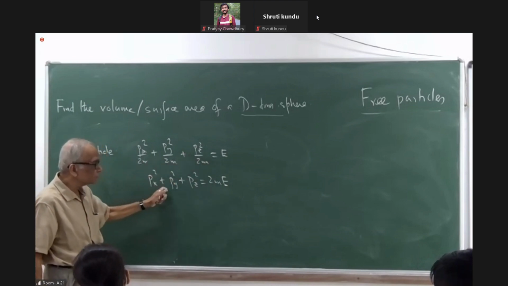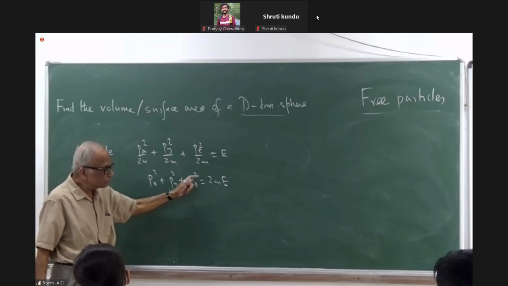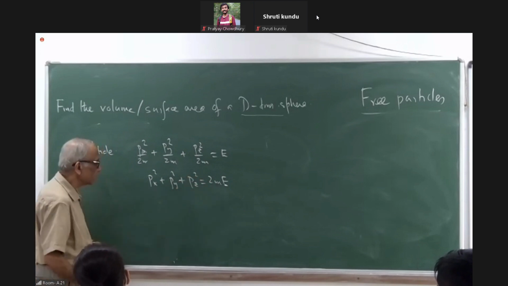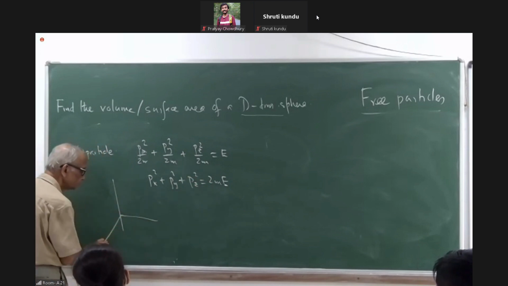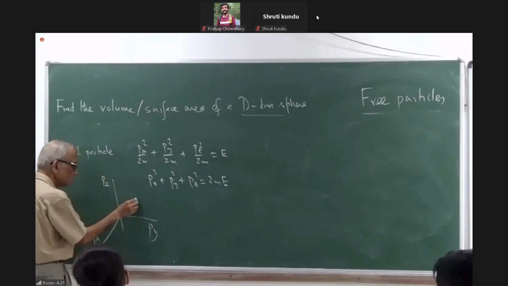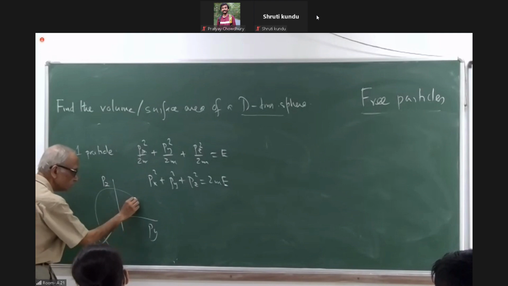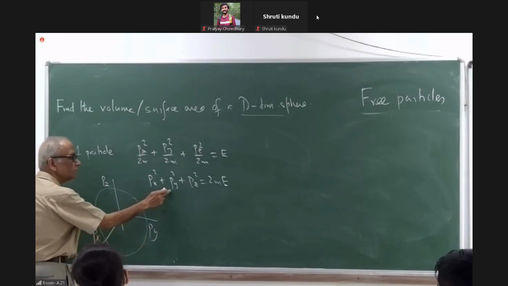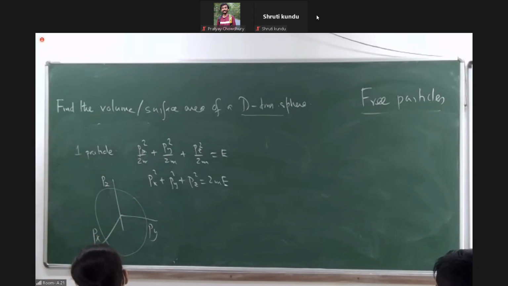Therefore, in the px, py, pz space, it lives on the surface of the sphere, which is given by this. This is going to be a momentum sphere. The sphere is in the momentum space, not in the R space. R space for free particles.